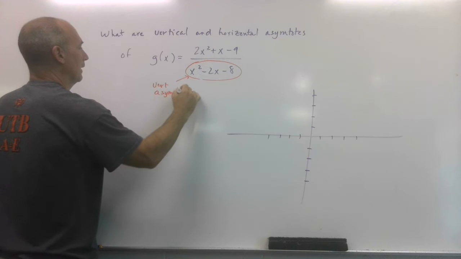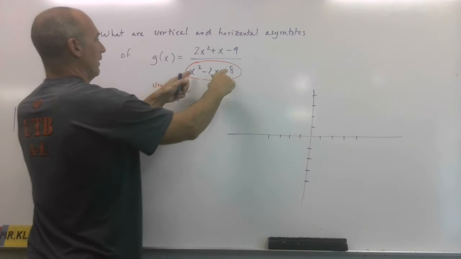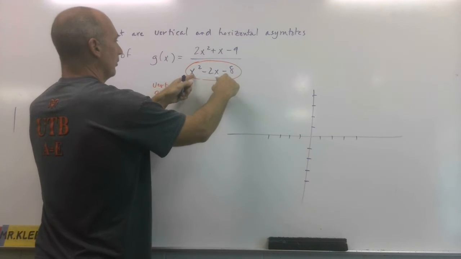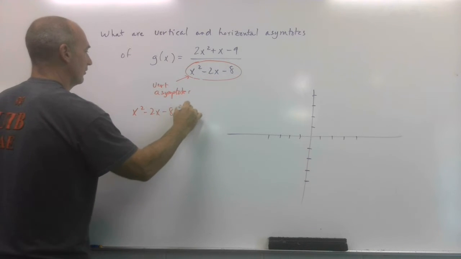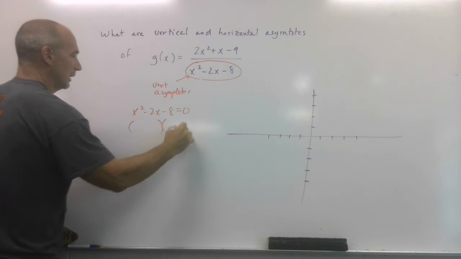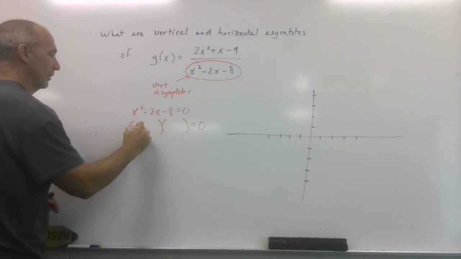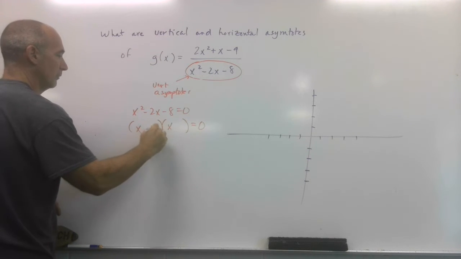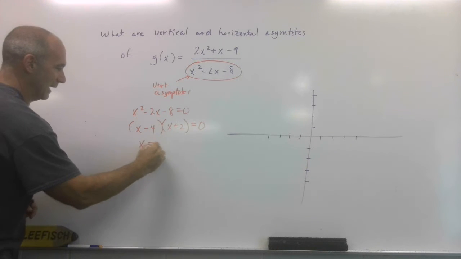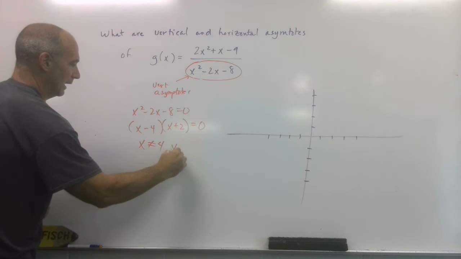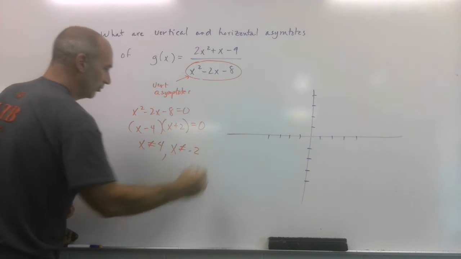If we just look at it, we have to think, what values for x would cause that to be 0? So x squared minus 2x minus 8 is 0. They're going to give you nice little trinomials that are factorable here for now, maybe forever. But there you go. So x cannot equal 4, and x cannot equal negative 2.